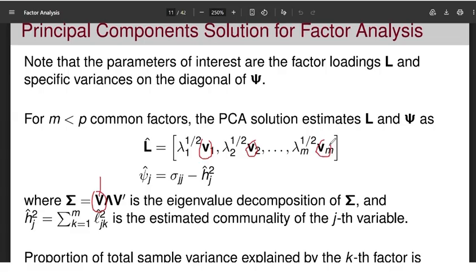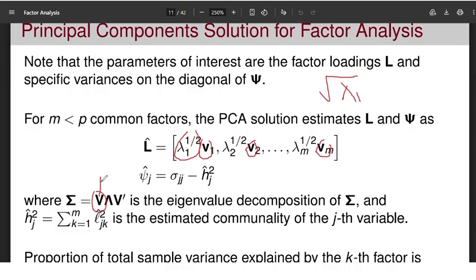But I will need to scale my eigenvector with the standard deviation. Look at this. That guy means square root of lambda 1. What is lambda 1? That is the variance of the principal component. What is the square root? The standard deviation. So I'm scaling.